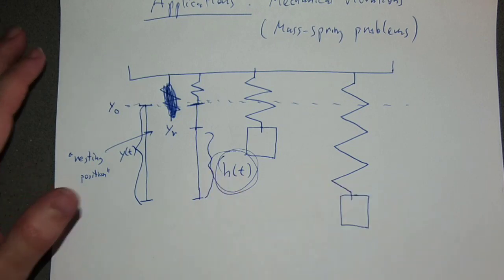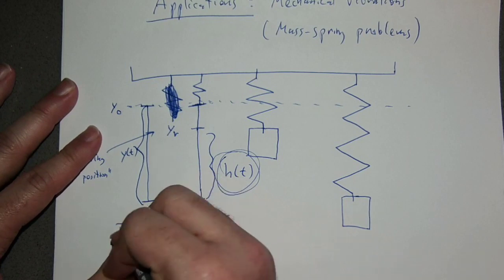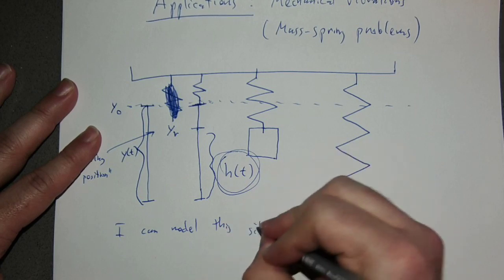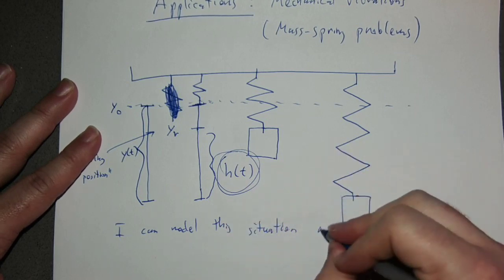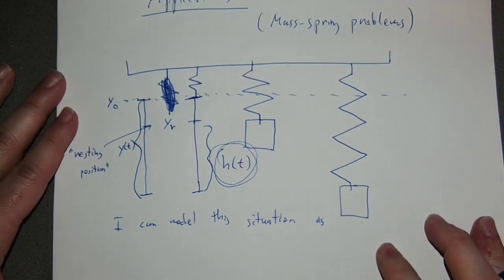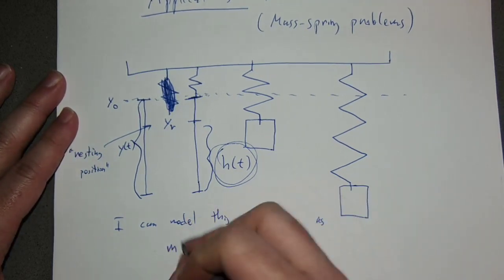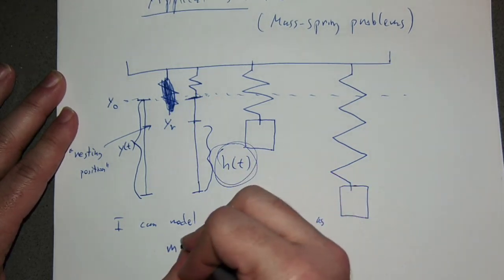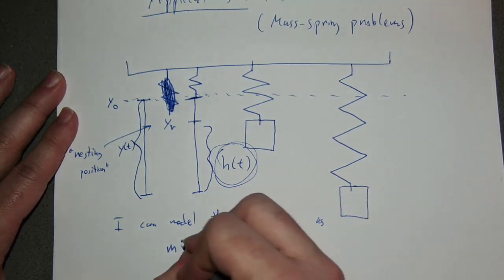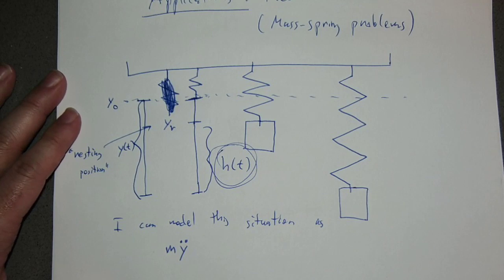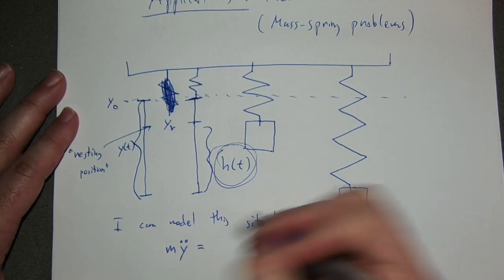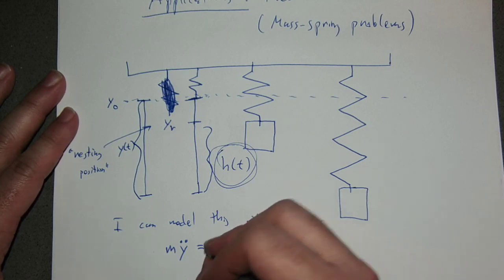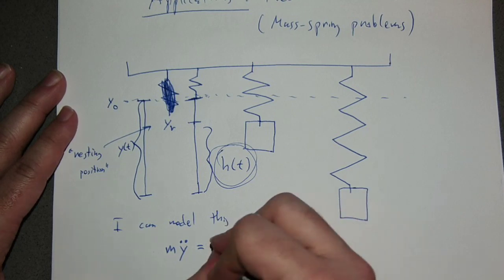So it turns out that I can model this situation as the following. I can model this as m y double prime. I'm going to use dots because when they're talking about physical stuff, they use dots. So instead of using prime, I'm going to use dots. That's just to be consistent with the notes. So this is m times y double prime is the sum of the following forces.